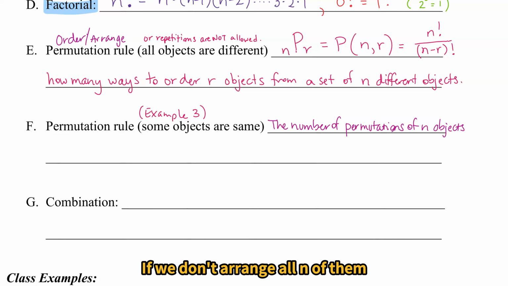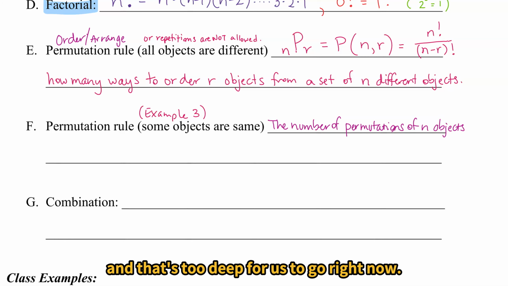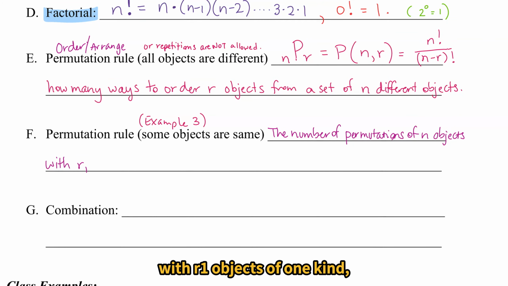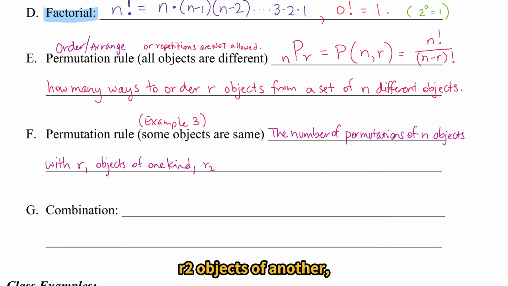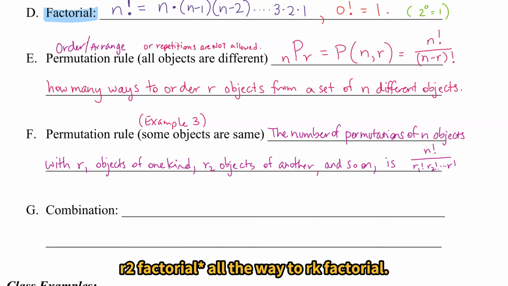If we don't arrange all n of them, it becomes a way more complicated formula, and that's too deep for us to go into right now. Permutation of n objects with R1 objects of one kind, R2 objects of another, and so on, is given by the formula n factorial divided by R1 factorial, R2 factorial, all the way to RK factorial.